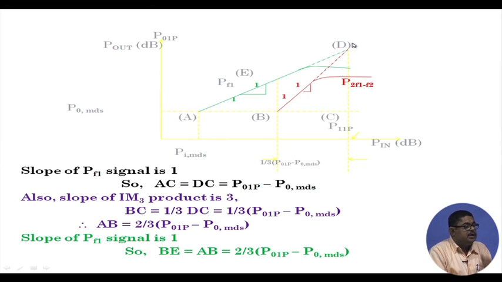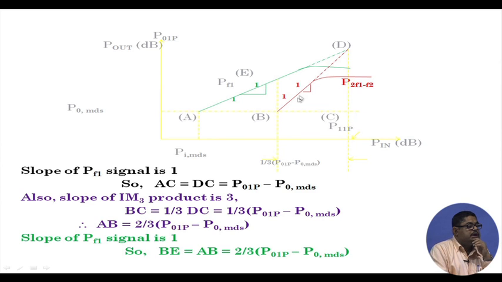But I know what DC is. DC is nothing but POIP minus POMDS, because this is the point POMDS. So, here you write POIP minus POMDS.